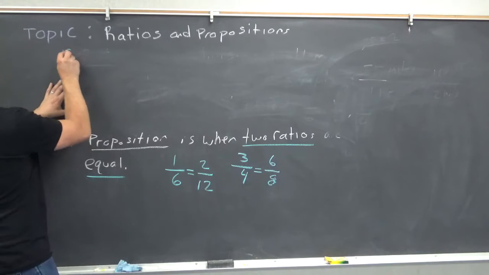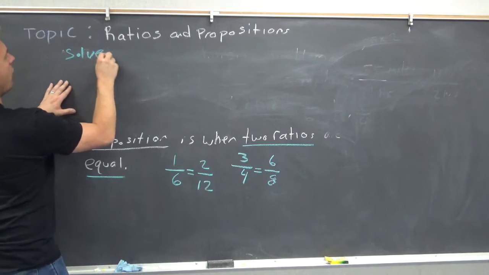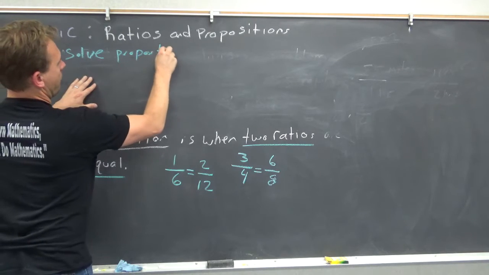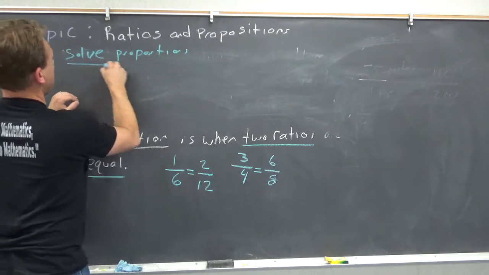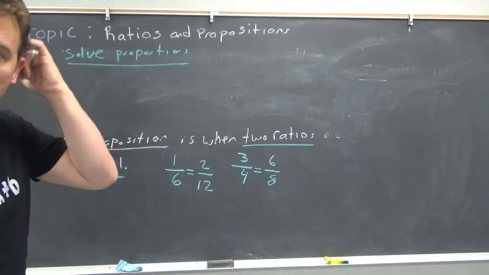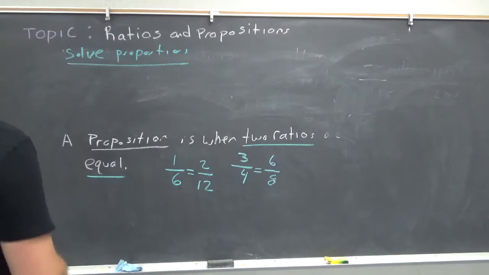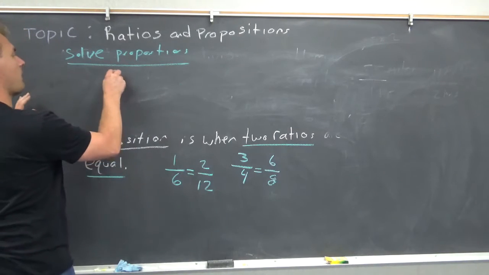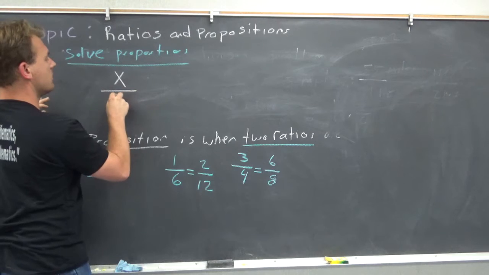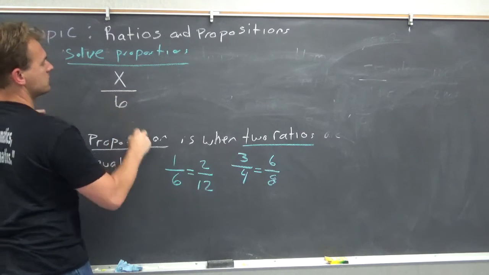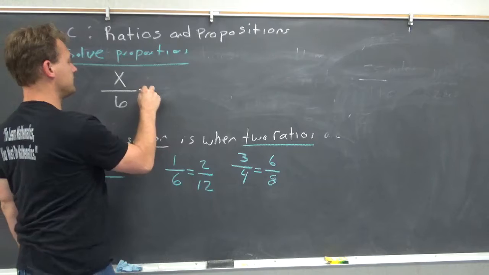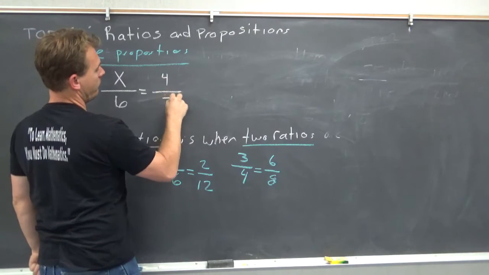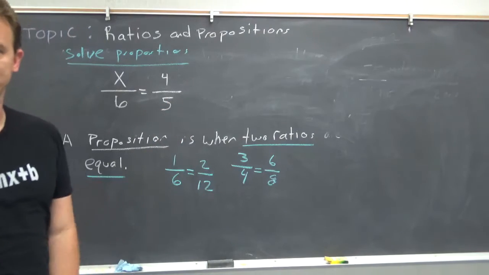So now we're going to solve proportions. You're going to say x over 6 is equal to 4/5.